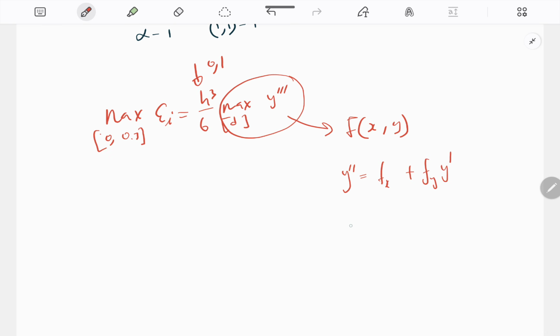If I do it again, I'm going to get y''', which is going to be f_xx plus 2 f_xy y' plus f_yy (y') squared plus f_y y''.